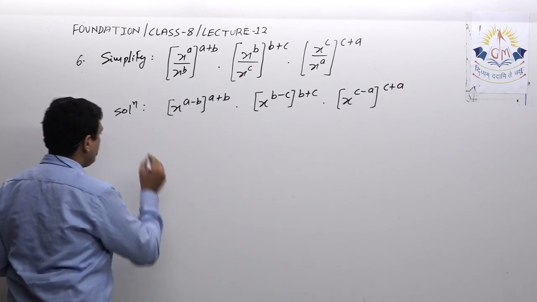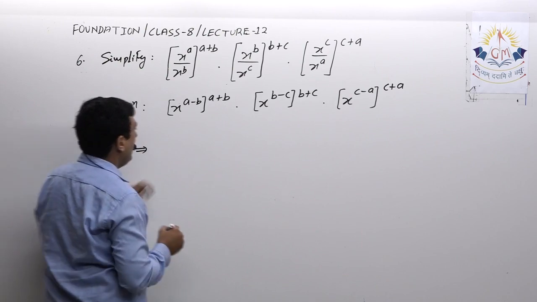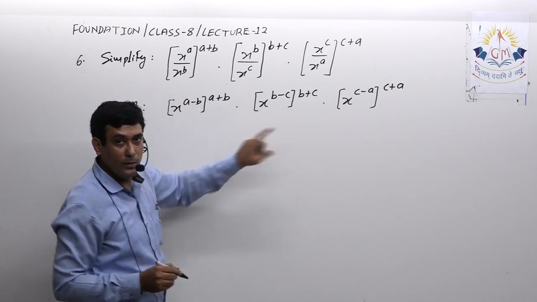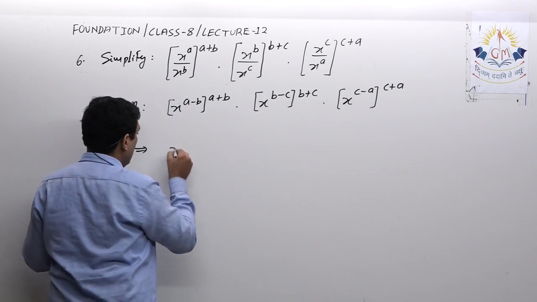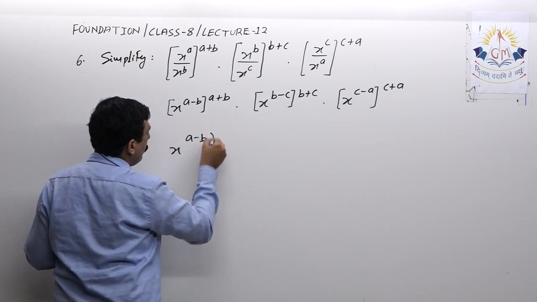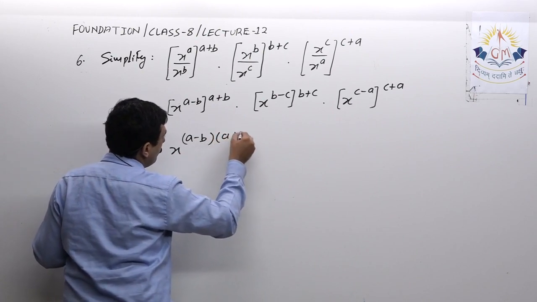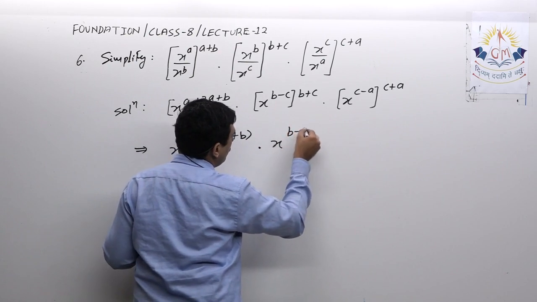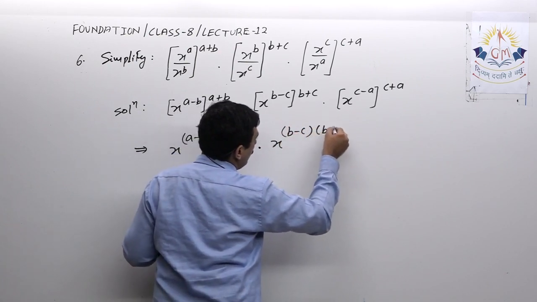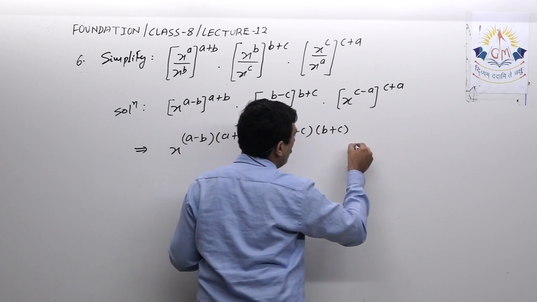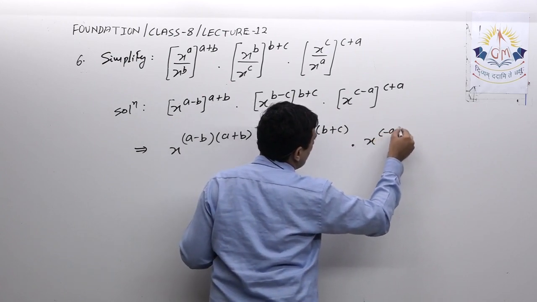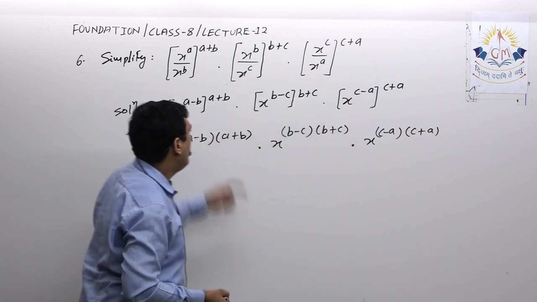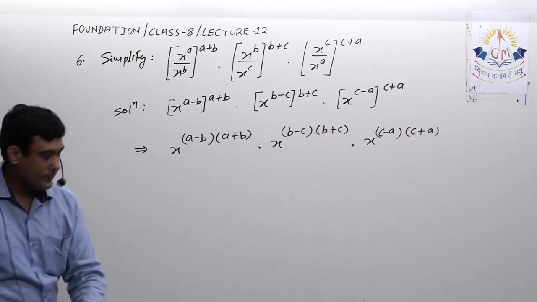Okay, so now next, see here first I applied the quotient law, now I can apply the power law. So this will become x raised to a minus b into a plus b multiplied by x raised to b minus c multiplied by b plus c into x raised to c minus a multiplied by c plus a by applying the power law.